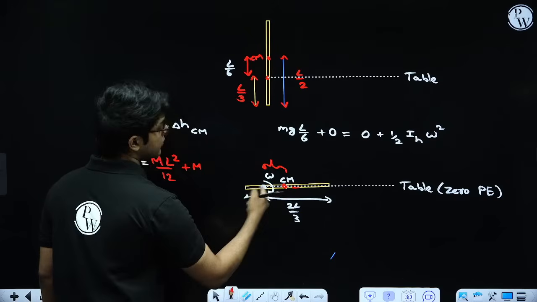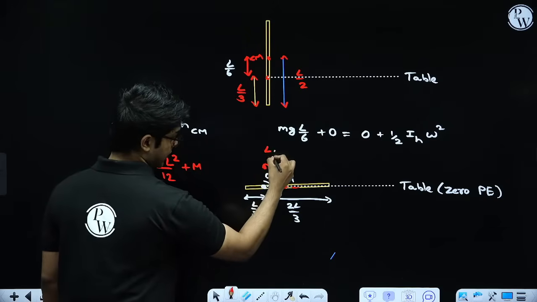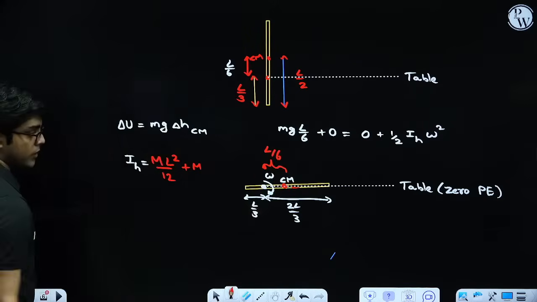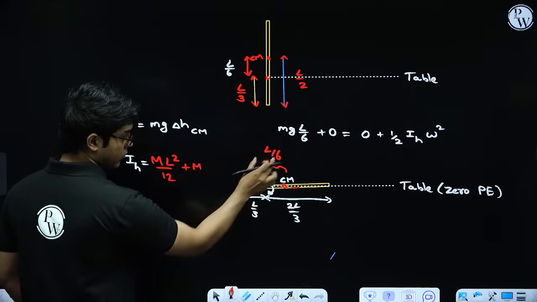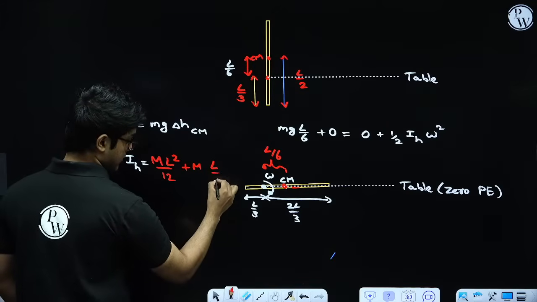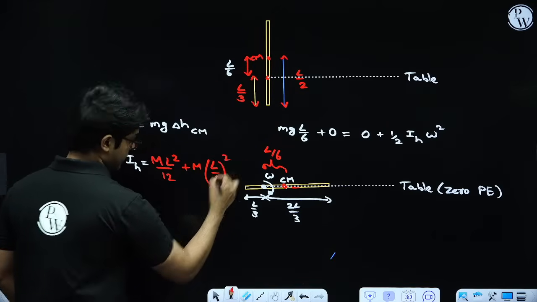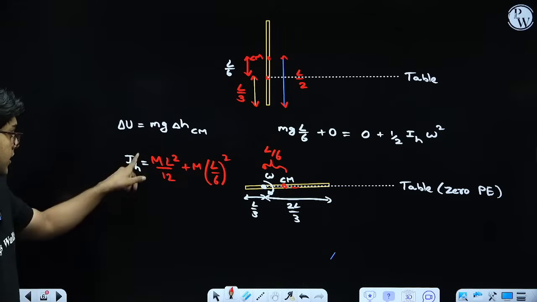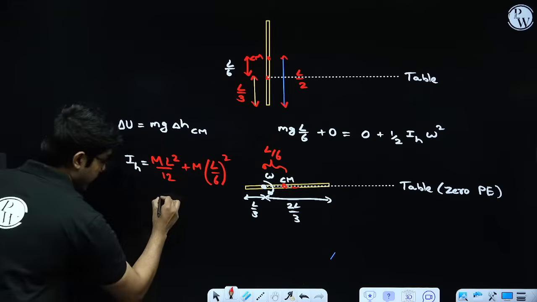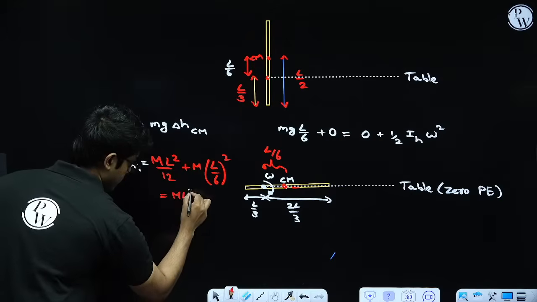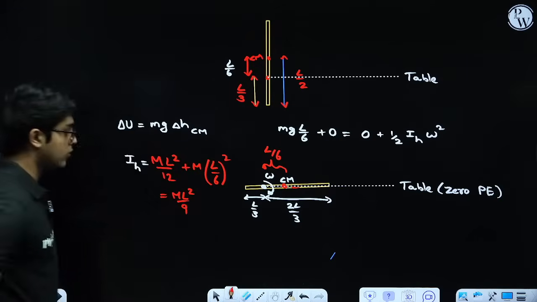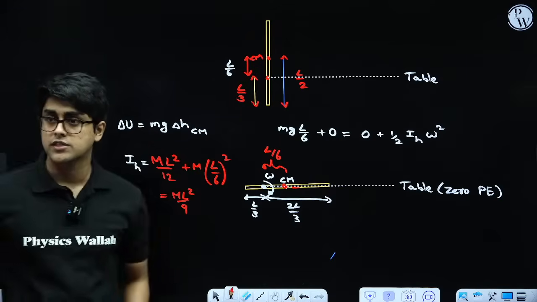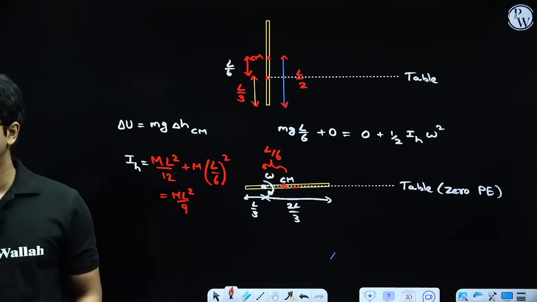This distance we determined was L by 6, right? So to this ml square by 12, we need to add m into L by 6 whole squared. So what will this be? This is ml square by 12, this is ml square by 36. So this will be ml square by 9. This is how we find the moment of inertia about the hinge axis.